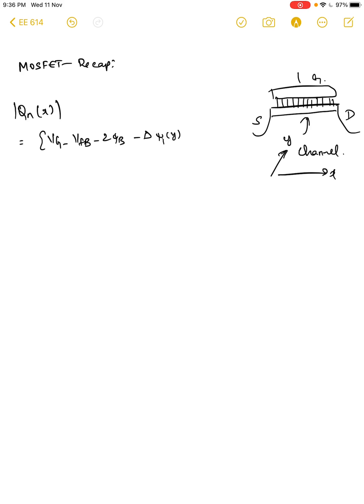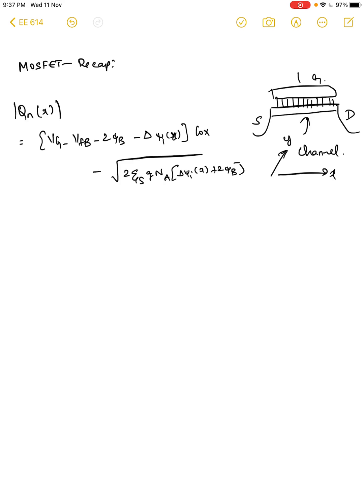So this is the potential in the channel due to the drain bias not being equal to 0, multiplied by the oxide capacitance, which gives you the charge in the channel. And you also have additionally the depletion width in the substrate, which is written by 2 epsilon s q N A. This is again x, right?